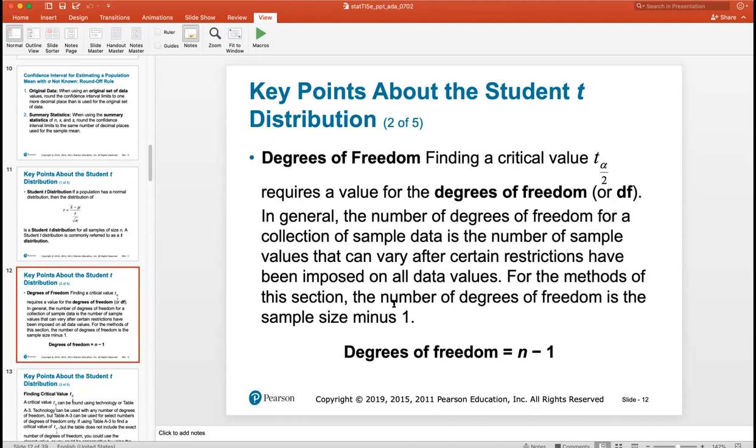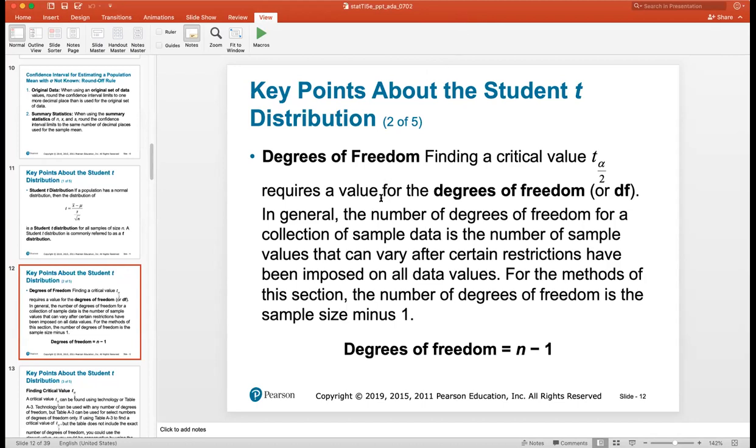I know it's really hard to understand. You probably find it challenging to understand degrees of freedom, but you'll understand when you take the advanced statistics course.